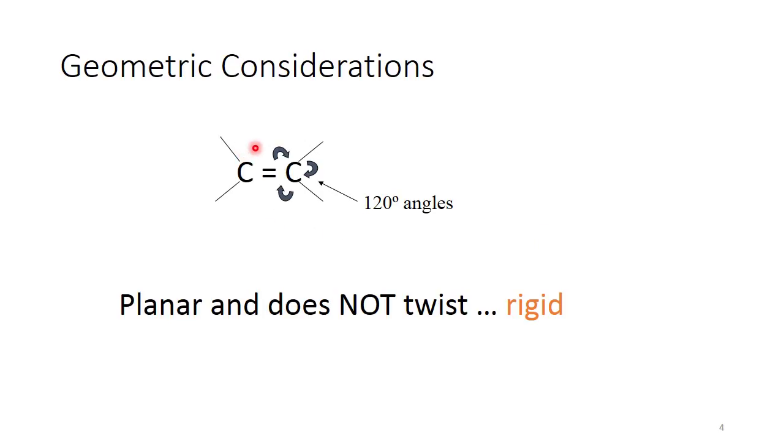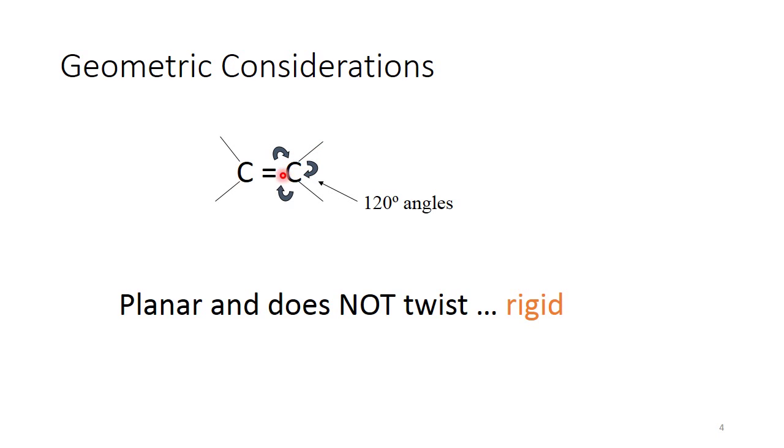Now, things to know. Because this bond is formed by a sigma bond and a pi bond, and that pi bond is above and below the plane, you cannot have twisting around this double bond. It is planar and it does not twist, because when you twist so that this side is not in the same plane as this side, the p orbitals no longer overlap.